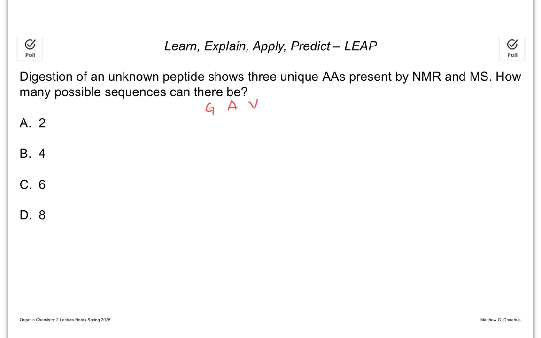How many other ways can you write that sequence? Just rearrange those letters so that you get unique, distinct sequences. How many possible ways can you do that? See if you can figure that out.